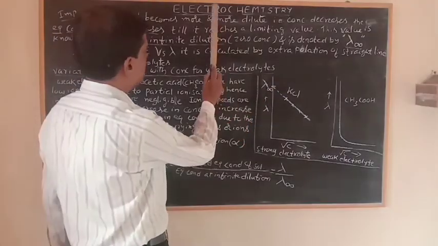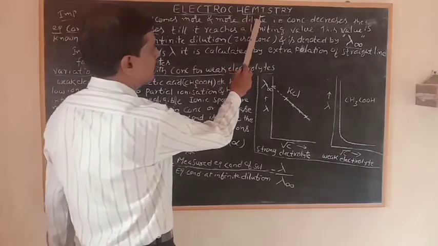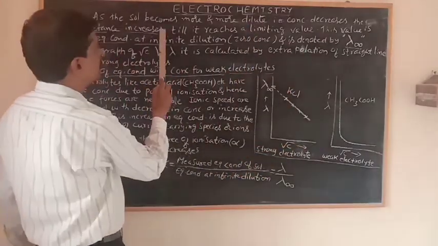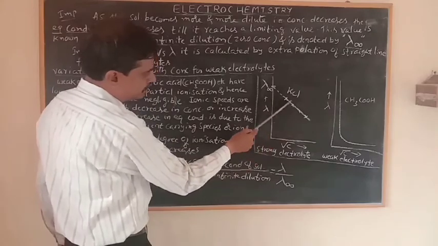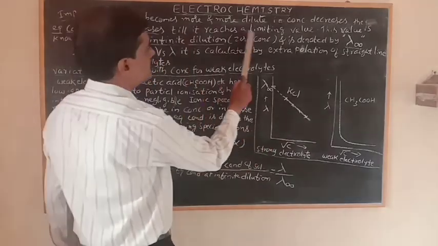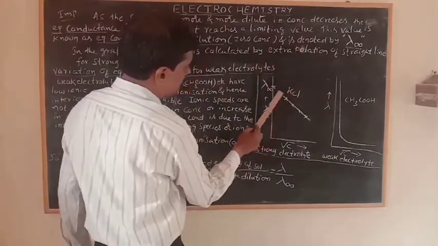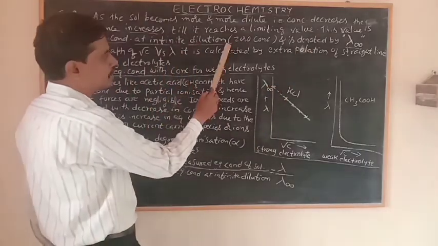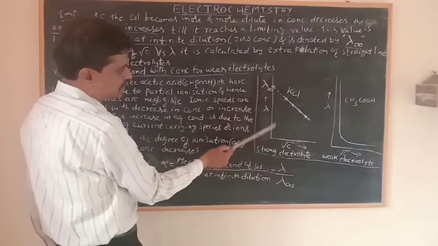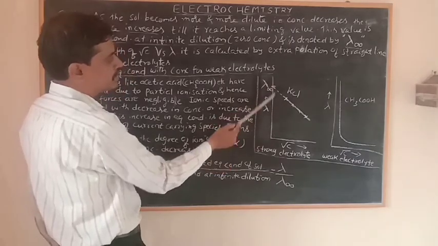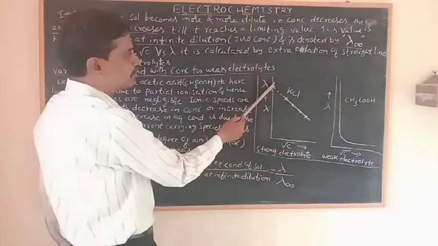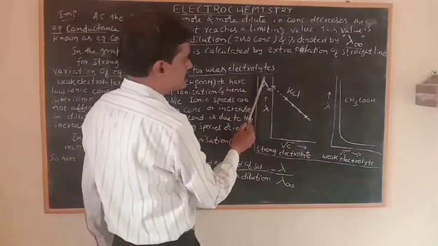As the solution becomes more and more dilute, that means concentration decreases, the equivalent conductance increases. Equivalent conductance is gradually increasing till it reaches a limiting value here. This value is known as equivalent conductance at infinite dilution or at zero concentration. Here the concentration is 0, so the value of lambda is very high. It is called equivalent conductance at infinite dilution and it is designated as lambda infinity.